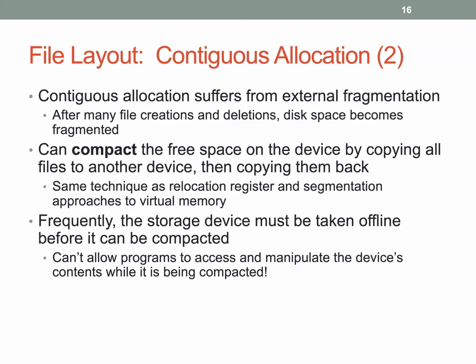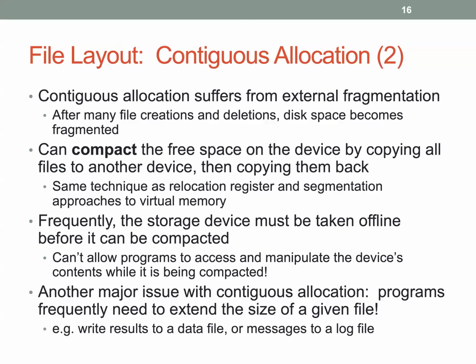So you can compact. Unfortunately, if you're compacting the storage device, you oftentimes can't have anybody using the storage device at the same time. And so you may have an operating system that has to do some kind of background processing to compact the disk contents so that you can free up this space that's sort of sprinkled throughout the storage device.